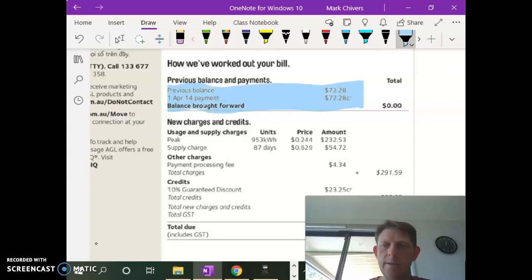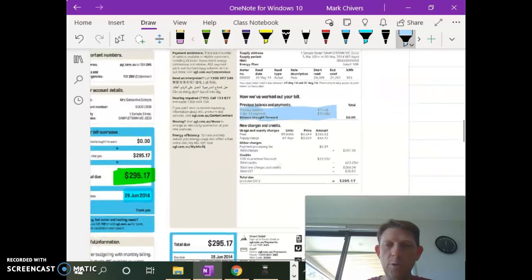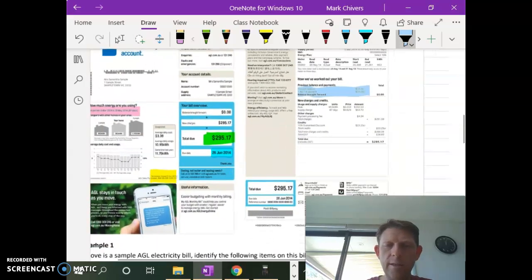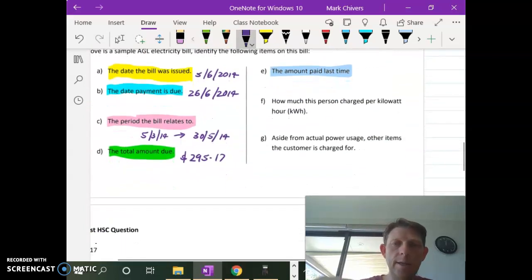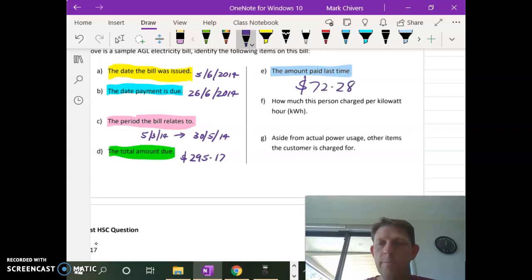So that'll tell us $72.28 was how much was previously paid. So you can see that this bill is considerably more than the previous bill. That might be due to more power consumption, or it might be just due to the fact that the person's moved in recently and they only had a small bill period the previous time. So we'll write that in there, $72.28 was how much we paid last time.